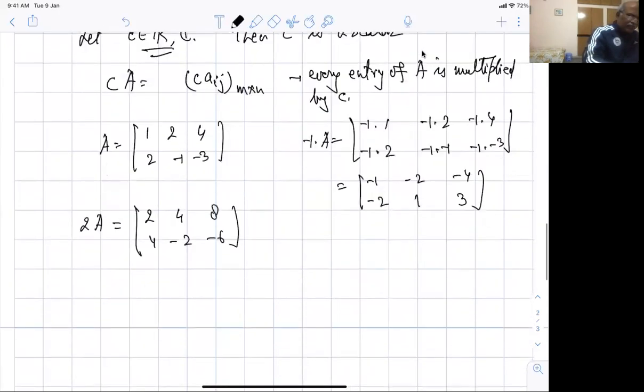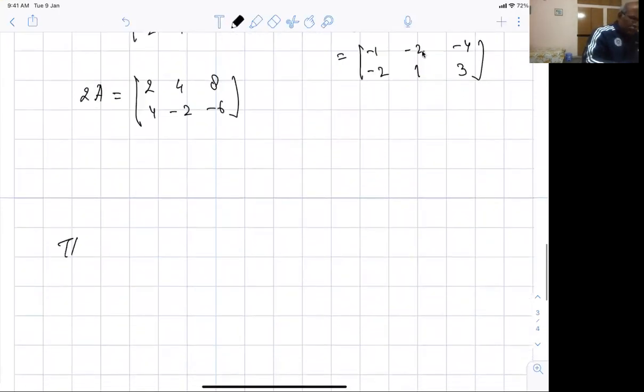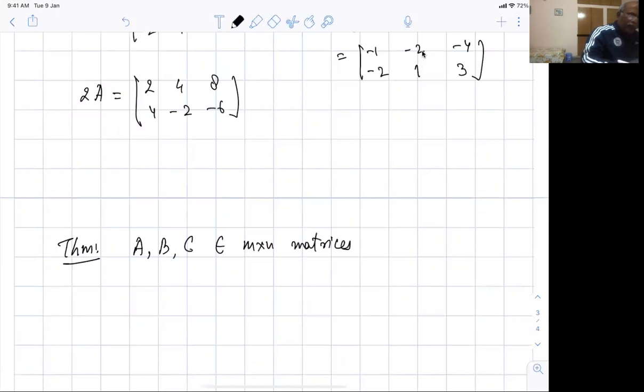All right. So let's write the theorem, the statement here. Theorem. So I've got matrices A, B, and C. All of them are, say, M cross N matrices, and I would like to link them over R itself, that every entry is over R, or say every entry over complex numbers, whatever we have.